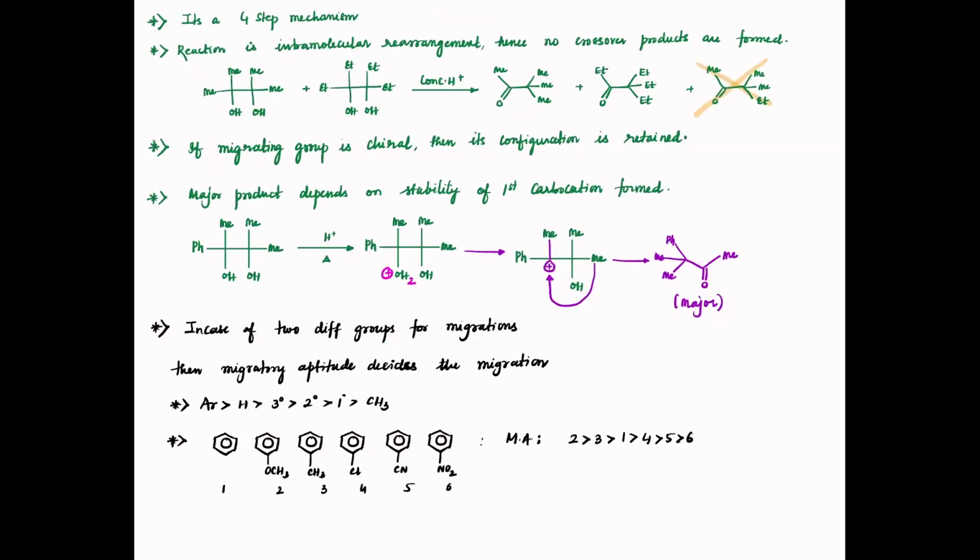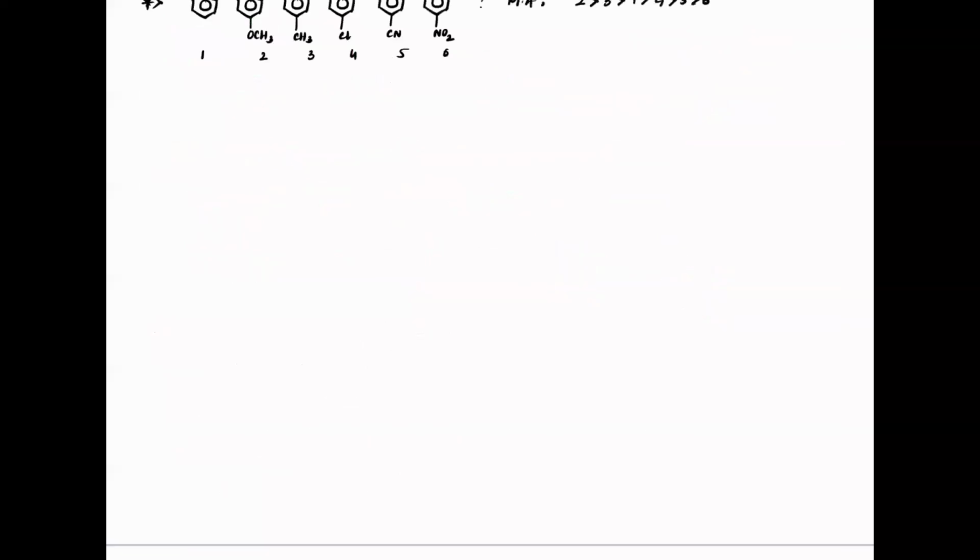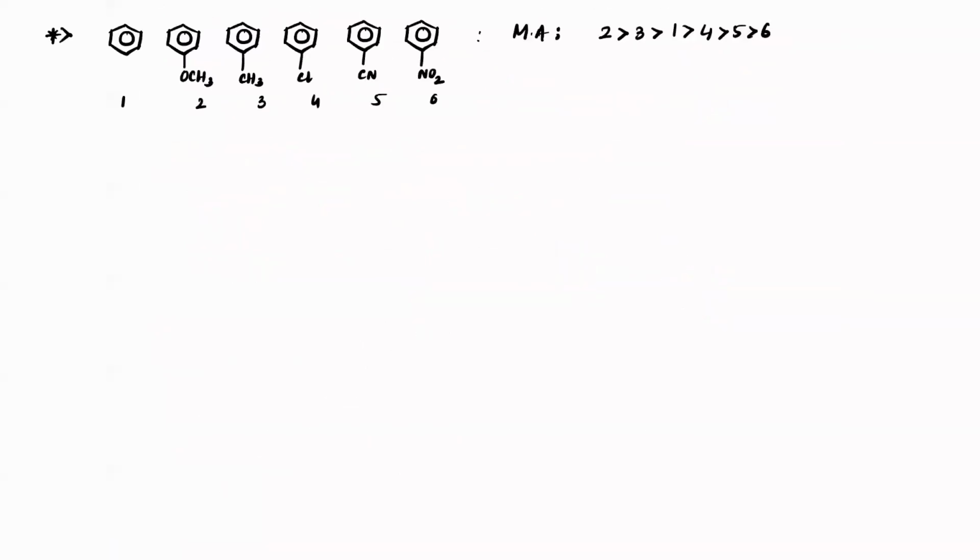Got it? Now let's see how the questions are framed here. Let me show you a few examples. First example: suppose you have a compound like this, a 5-membered ring with one OH here and one OH here, and you are reacting it with H plus and heat.